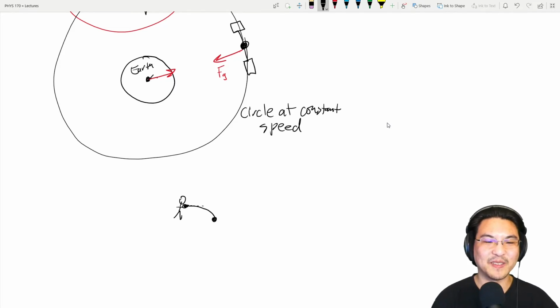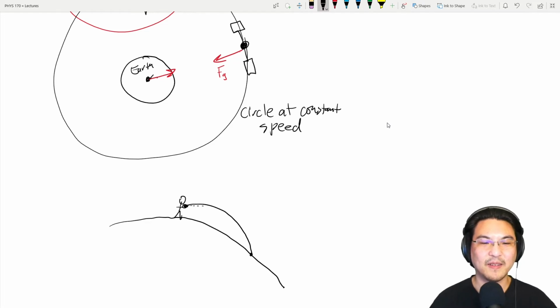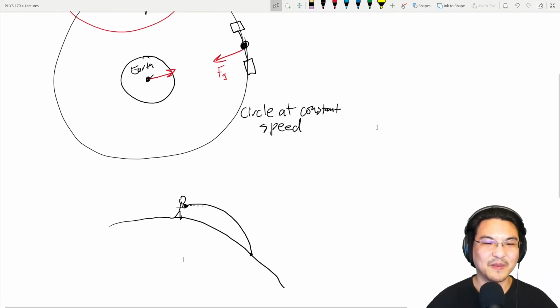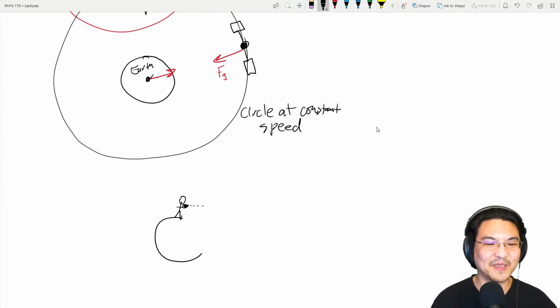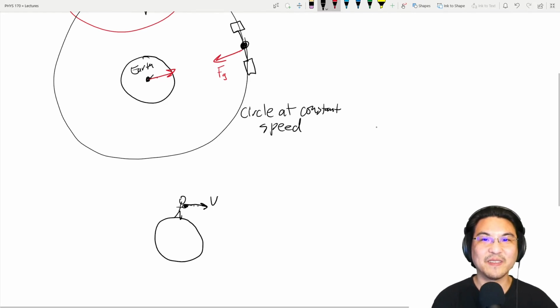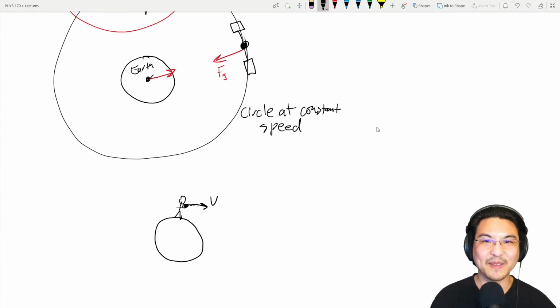What if the ground is curved, like you're standing on a hill? Then you throw the ball, and then it falls like this. Now, let's zoom out. Now you're a giant standing on the planet like this. When you throw the ball with a velocity like this, which way is the acceleration? It's toward the center of mass of the Earth.